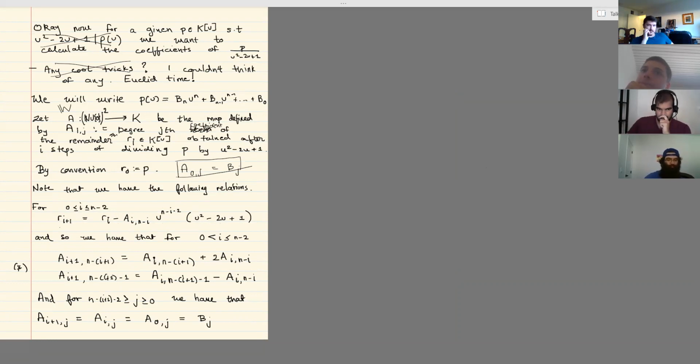So the remainder at the i plus 1th stage is the remainder at the ith stage minus the leading coefficient at the ith stage times this term over here times your polynomial. This is basically the i plus 1th remainder. It's how we did it in high school.